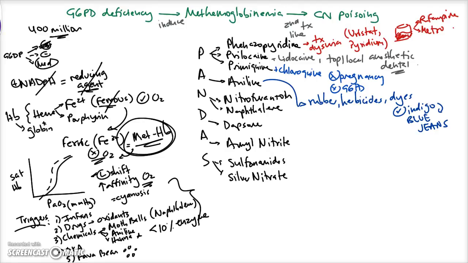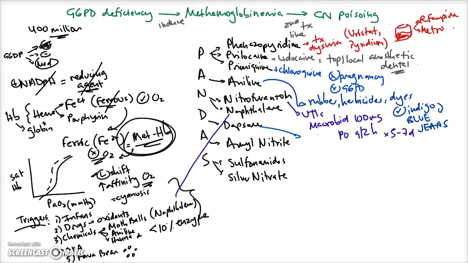Nitrofurantoin is used to treat UTIs, typically in pregnant women. If we were to prescribe nitrofurantoin, we'd usually prescribe it as Macrobid, about 100 milligrams PO, Q12 hours, for 5 to 7 days. Naphthalene is the same chemical found in mothballs.